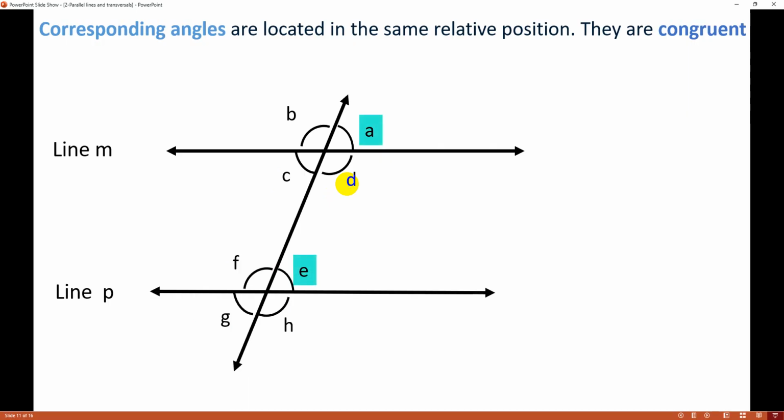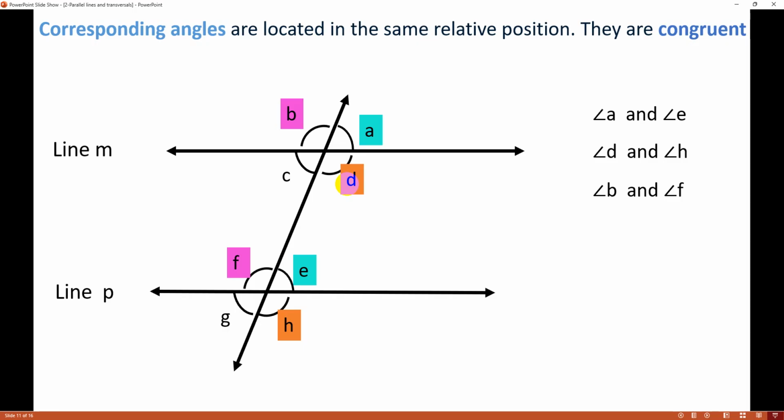So we can say that A and E are corresponding. D and H are also corresponding. B and F corresponding as well. And C and G corresponding. Just remember, corresponding angles are congruent. They measure the same.